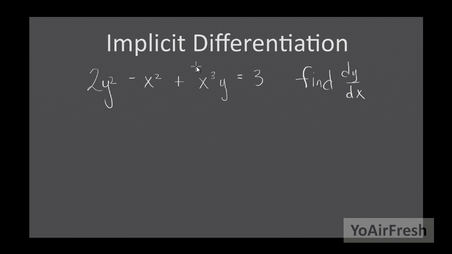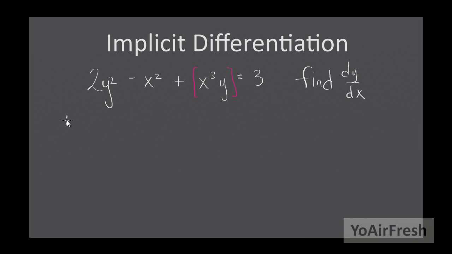And then this term here, x cubed y. Remember, for a term like this, we must use the product rule. And in that product rule, when we take the derivative of the y, you'll get 1, but you're going to have to attach the dy dx.